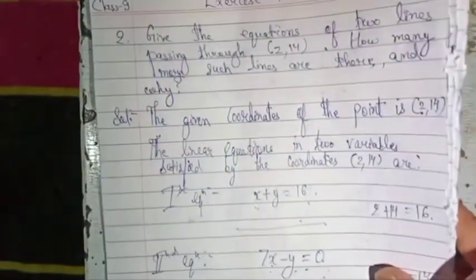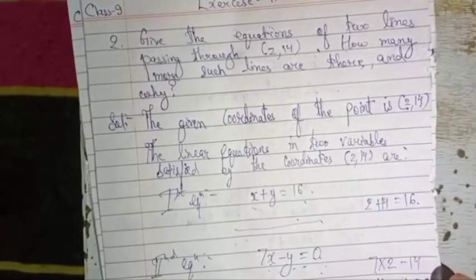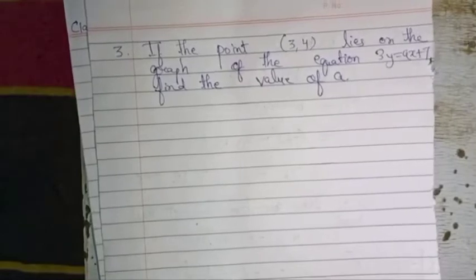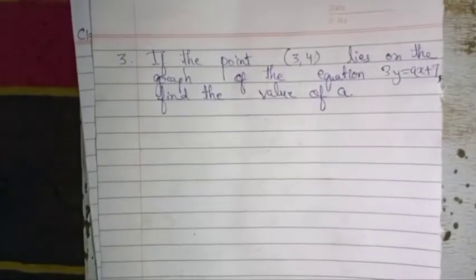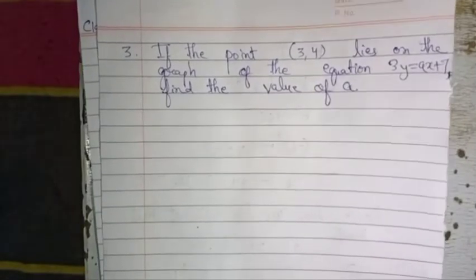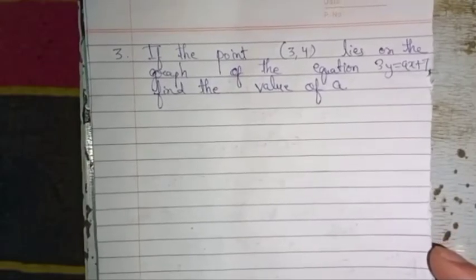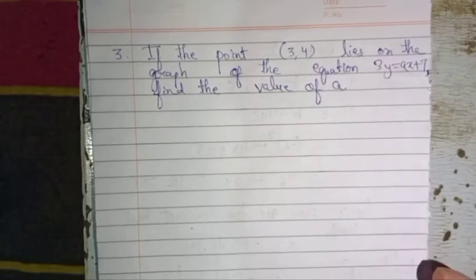Now the next question. Question number 3: if the point (3, 4) lies on the graph of the equation 3y equal to ax plus 7, find the value of a.